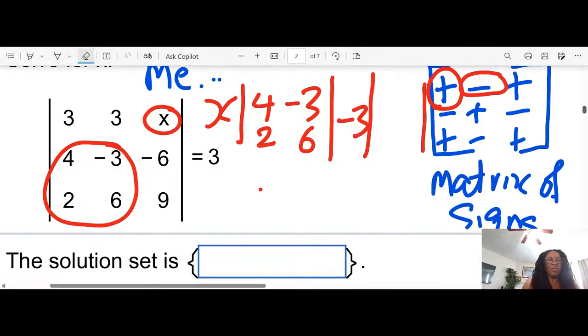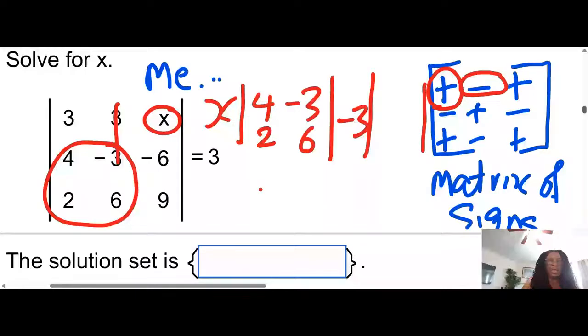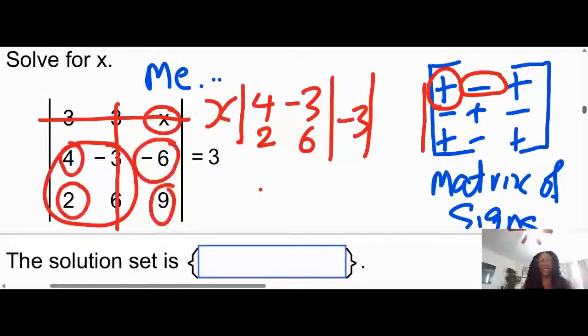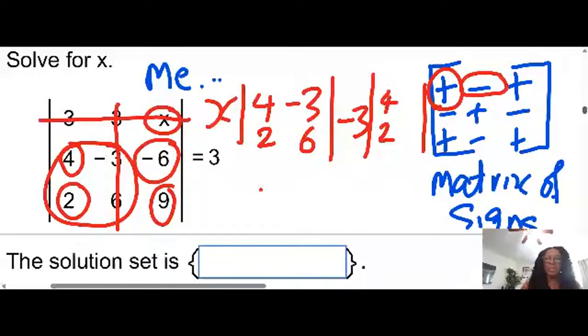Now I want to draw a line on 3. This is the one I'm trying to evaluate, and draw a line here. And then I will have 4, 2, and 9, with negative 6.